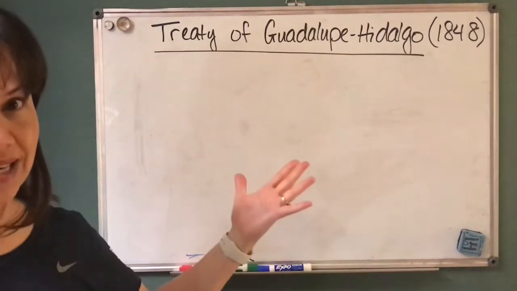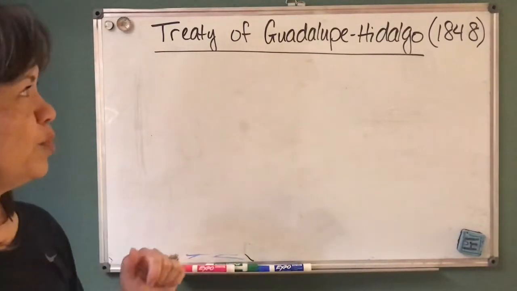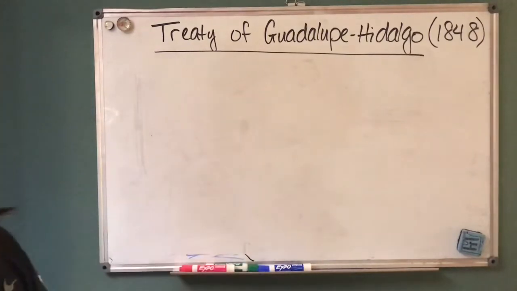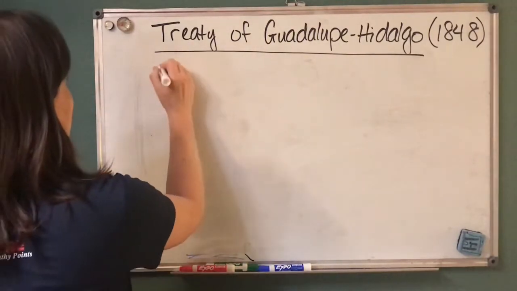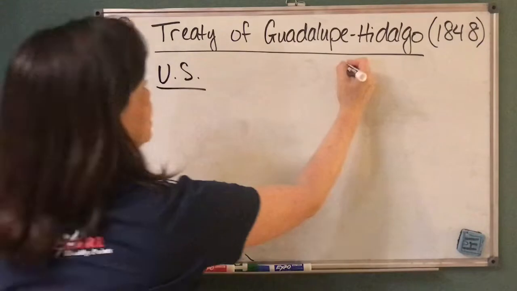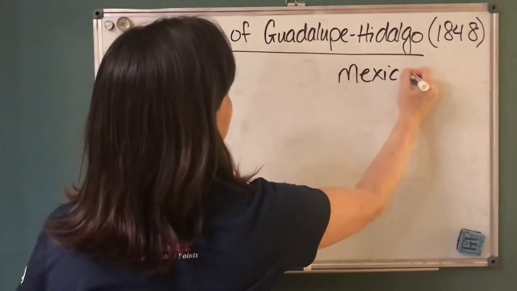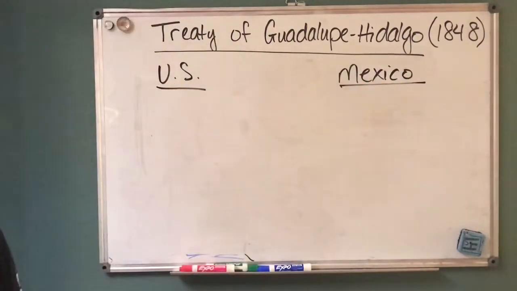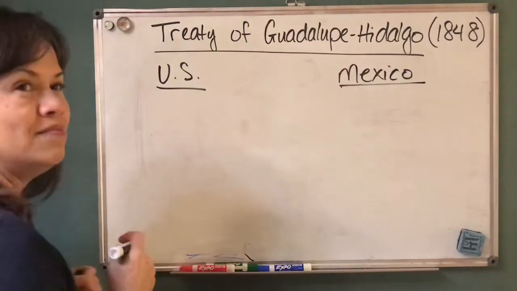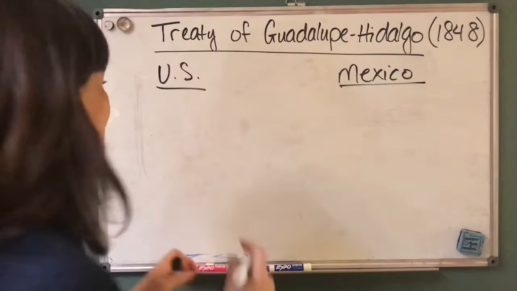So the war ended in the Treaty of Guadalupe Hidalgo. So here's what the U.S. got, and here's what Mexico got. The United States received over 1 million square miles of land.